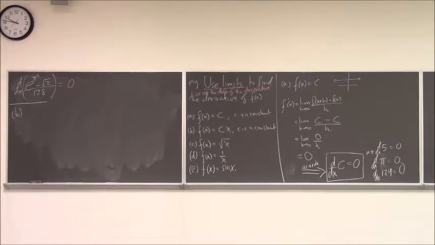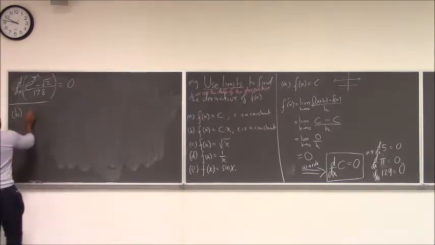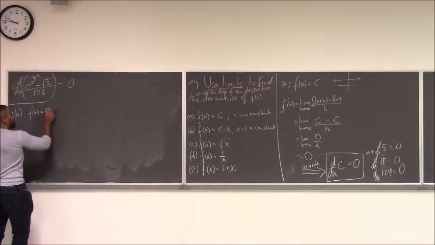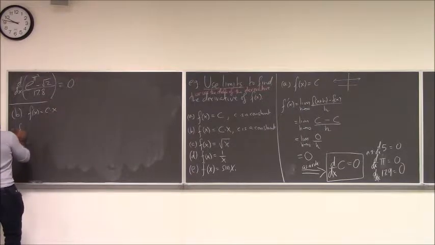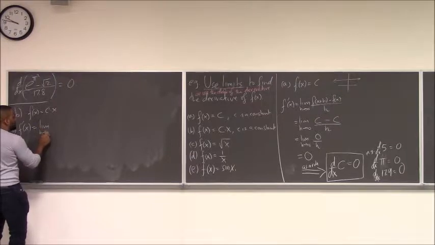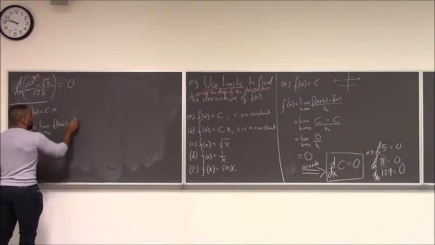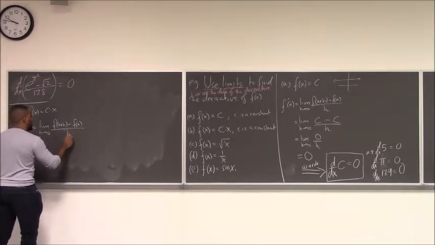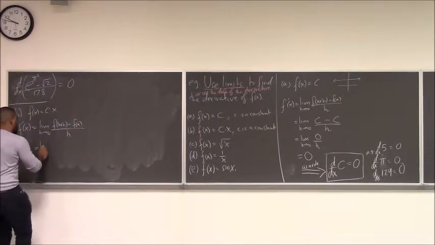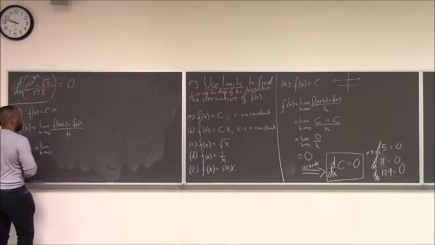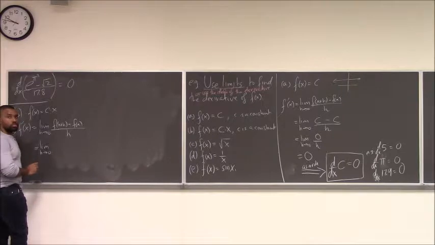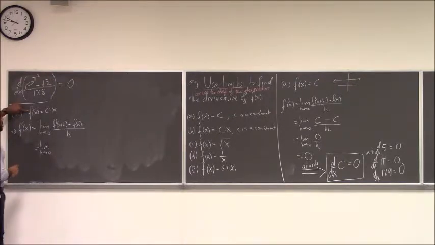But let's actually use the definition to see this. So here, f of x equals c times x. This means that your f prime is the limit as h approaches 0 of f of x plus h minus f of x all over h. What is f of x plus h? C times the quantity x plus h.